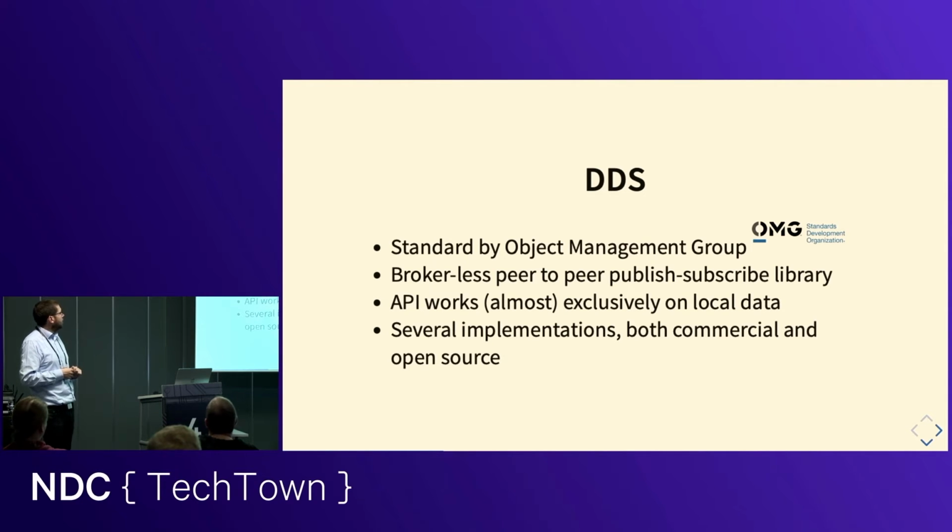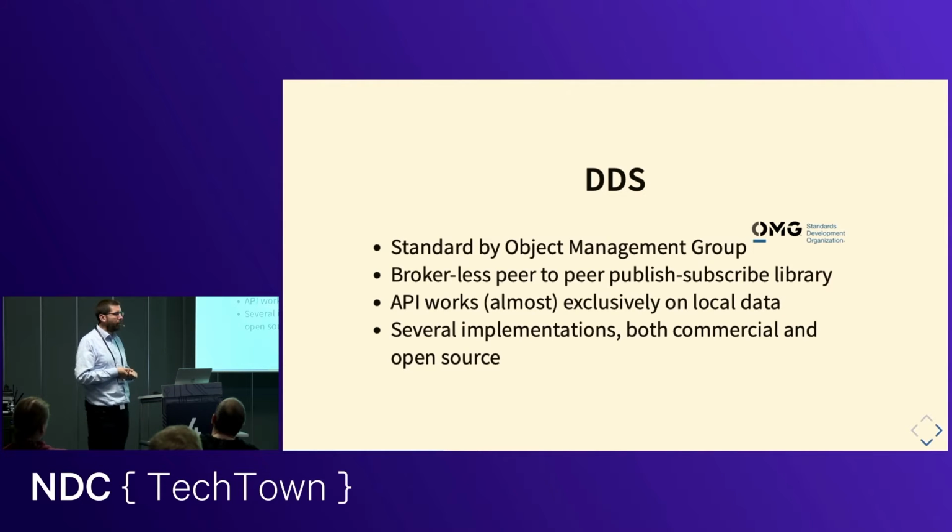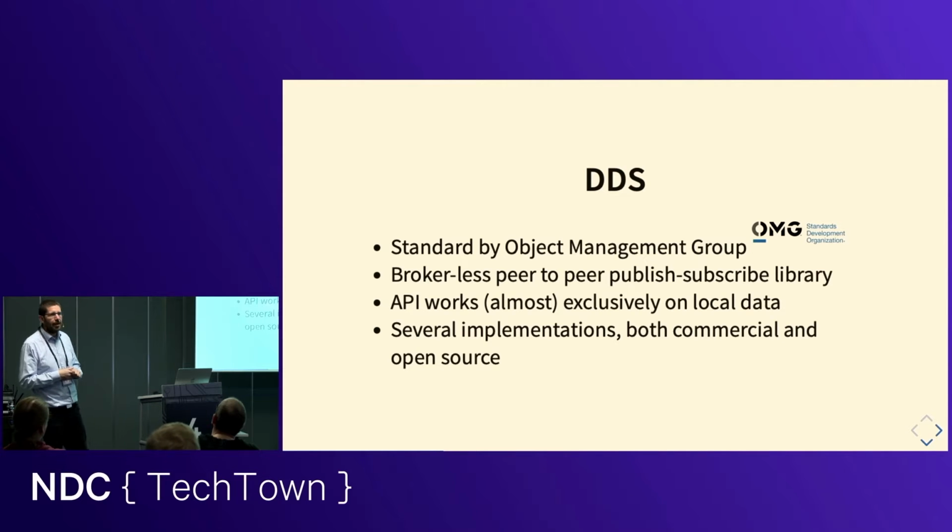More specifically, it's brokerless, so serverless. There's no server here. Actual serverless, not the cloud kind of serverless. It's a peer-to-peer, publish-subscribe library. Well, the standard isn't the library, but any implementation of the standard is probably going to be a library.